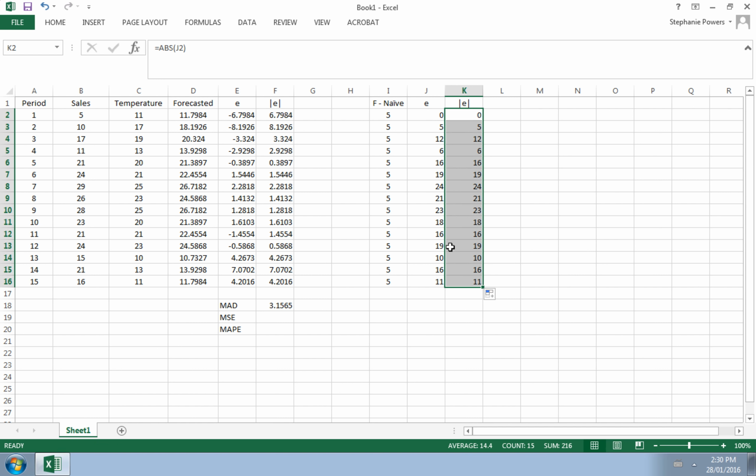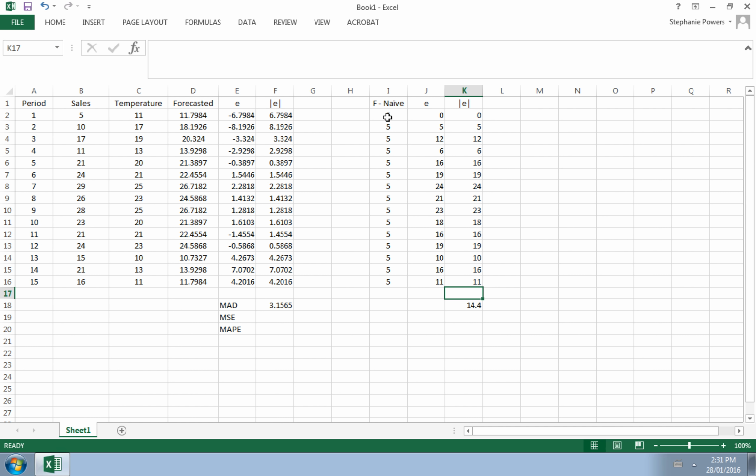Although in this case we can see because we chose a naive forecast that was so low, we don't even need to find the absolute value because there are no negative forecasting errors. So then to find MAD, we find the average. And you can see that the mean absolute deviation is quite larger than it is for our associative model.